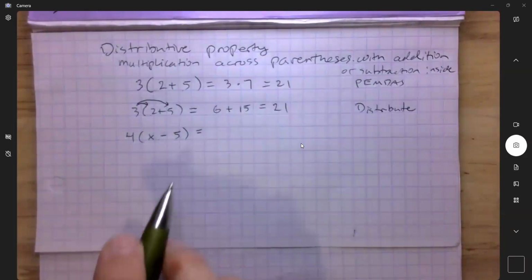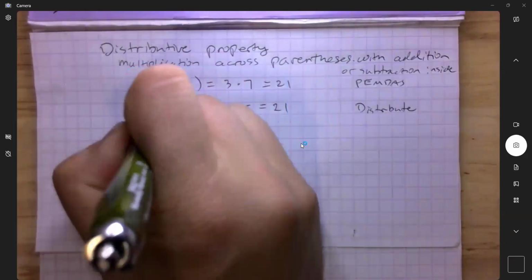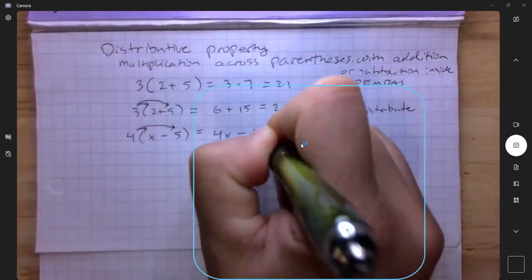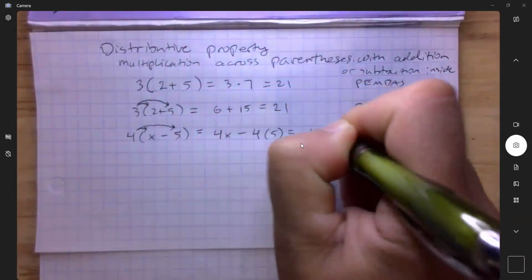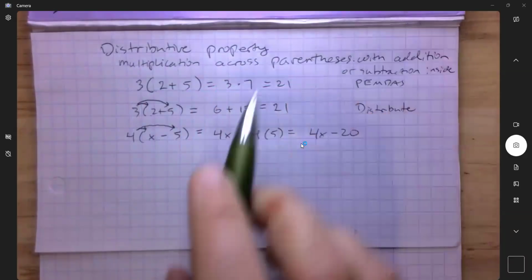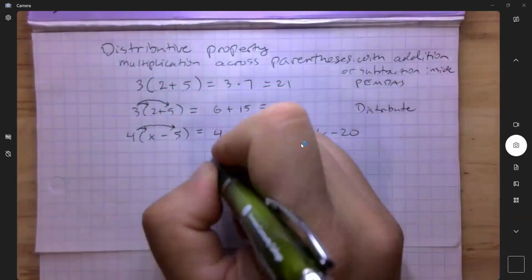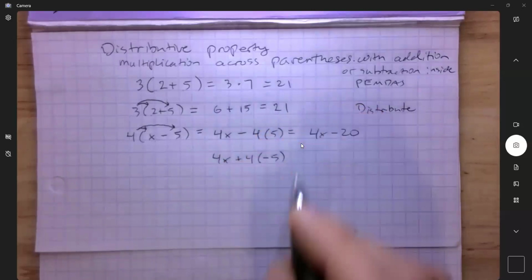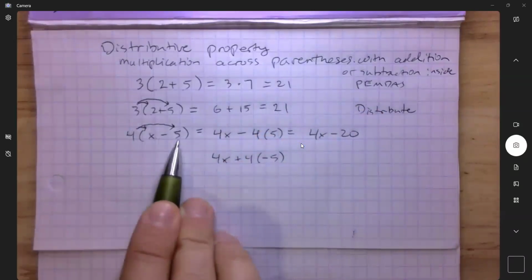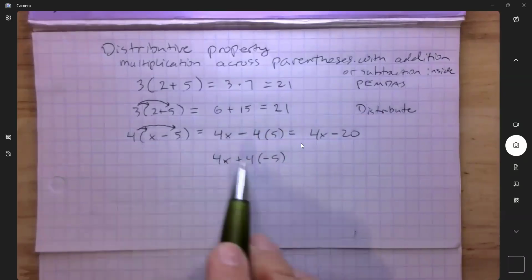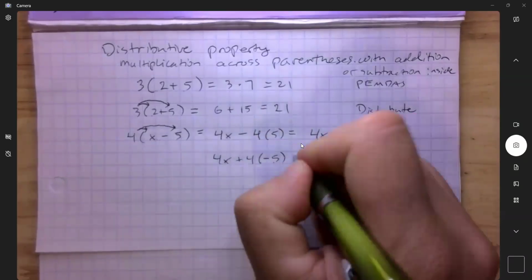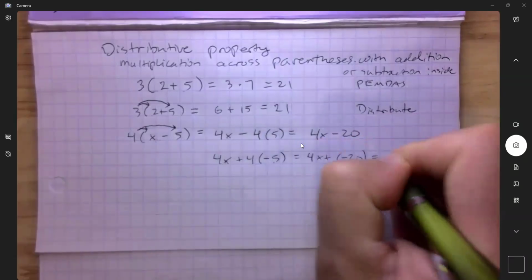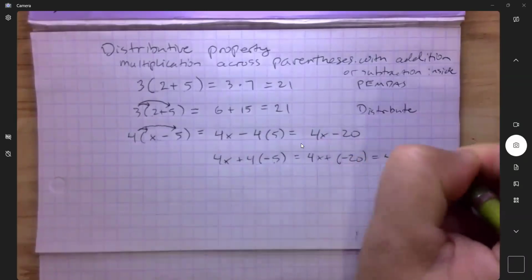They're not like terms. So I have to distribute if I want to clear the parentheses, and I get 4x minus 4 times 5, which is 4x minus 20. Technically, this term here is actually plus 4 times negative 5, which is 4x plus negative 20, which is 4x minus 20.